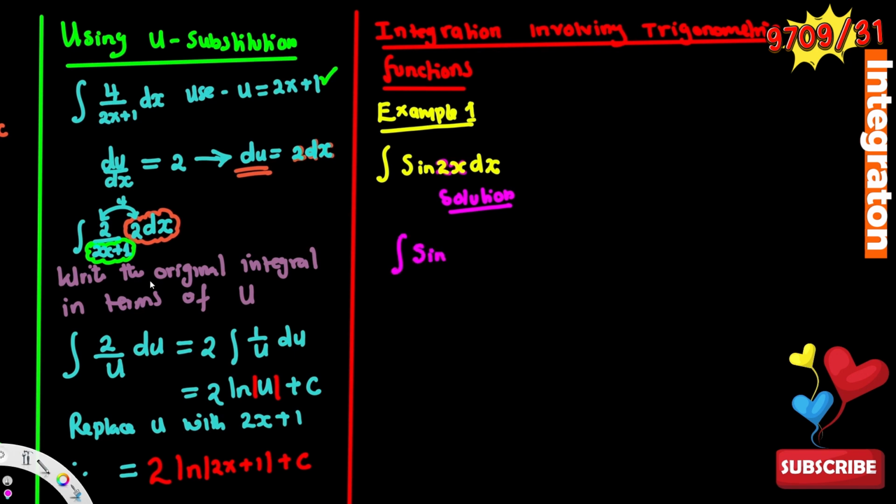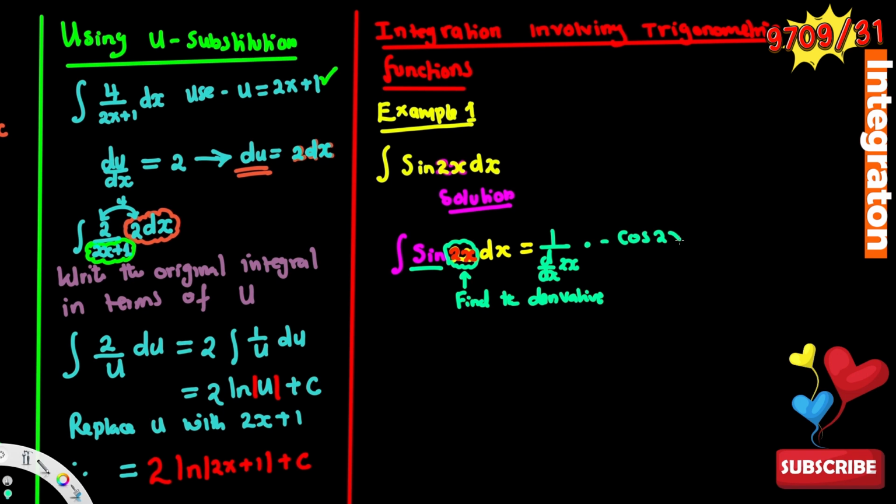Okay, let us start afresh. I've identified this as 2x. So this is going to be 1 over the derivative. Find the derivative of that one. It's going to be 2. Then we find the integral of sine.